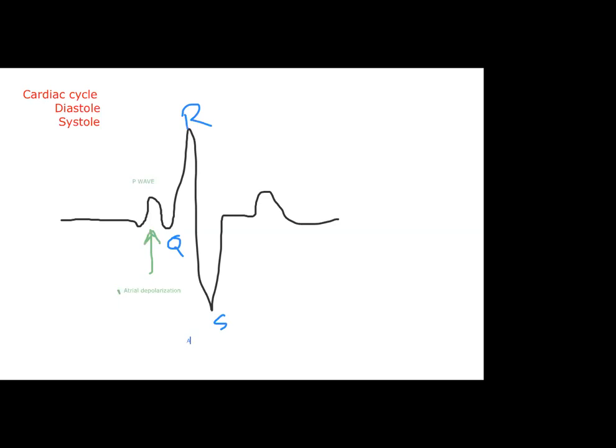QRS complex represents ventricular depolarization and atrial repolarization. So that's why this wave is bigger. Number one, because the ventricles are larger, so they have more electrical activity, and also because it's atrial repolarization at the same time. So there's more electrical activity happening during this time.